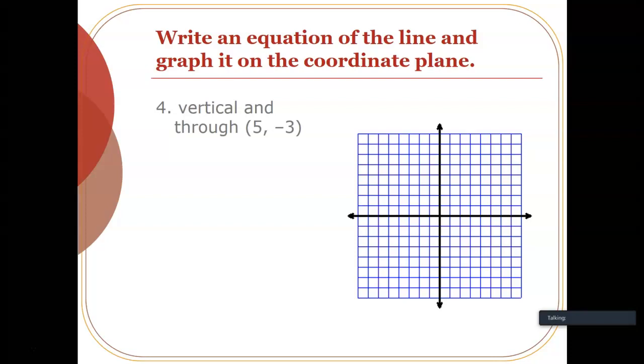So a vertical line has a slope that is undefined. We know that it's going through the point 5, -3. So again, guarantee yourself the point 5, -3.